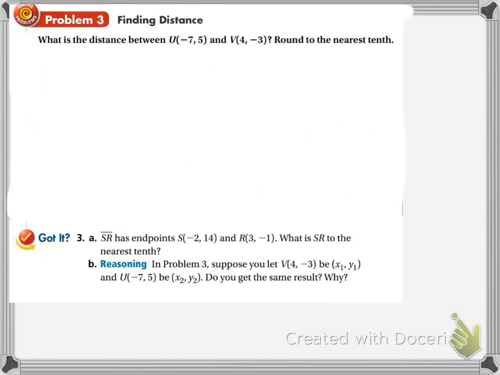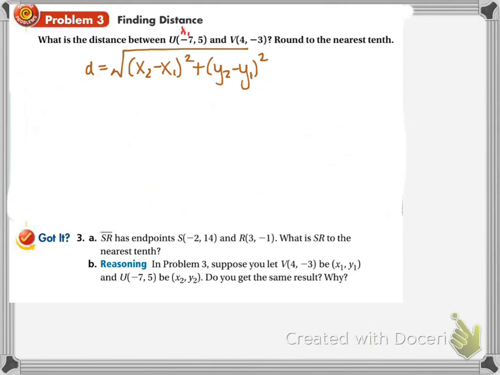So let's do some examples with it. What is the distance between U and V? So, the distance formula, like I said, you've got to memorize it, equals the square root of x2 minus x1 squared plus y2 minus y1 squared. Now, it doesn't matter which of the points is x1, y1, and which one is x2, y2.